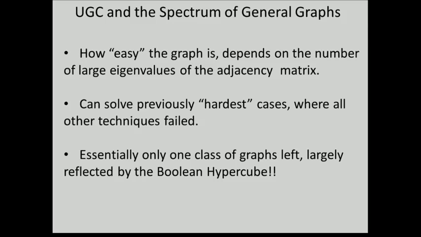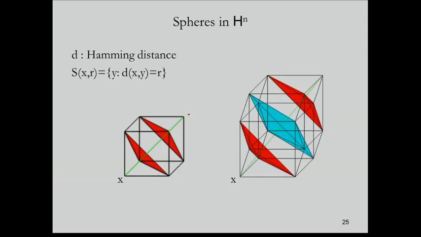First of all, what's the hypercube? It's, as we all know, the set of 0,1 strings in dimension n, and we use Hamming distance as the graph distance, which is the number of bits in which two vertices of the hypercube differ.